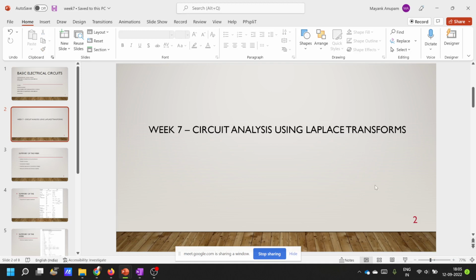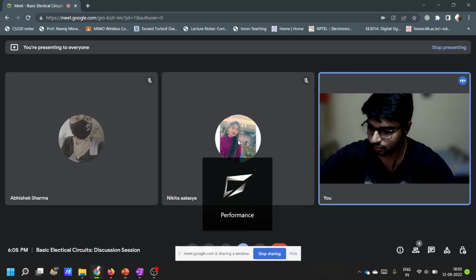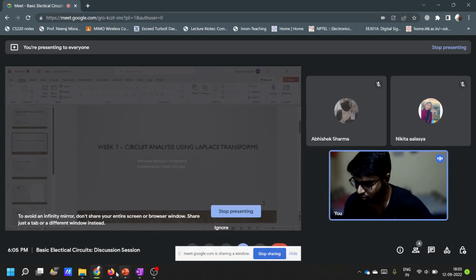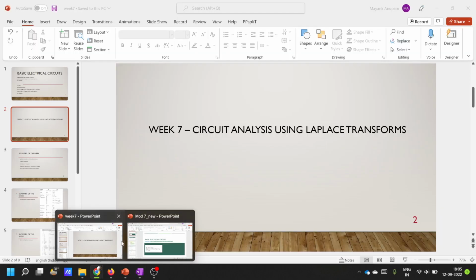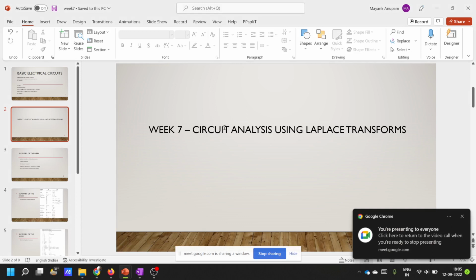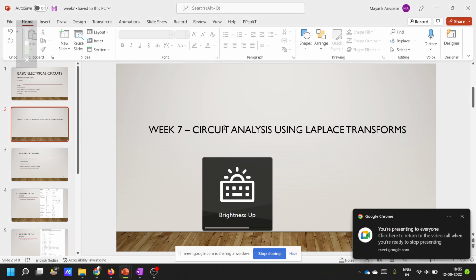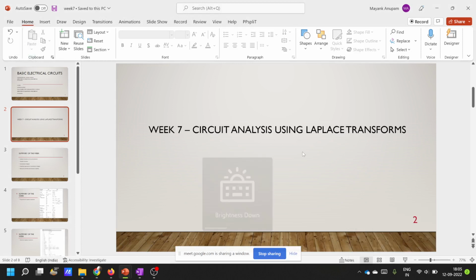Circuit problems can become immensely easy if you use Laplace transforms. It is very useful in circuit analysis. So this week I will be solving some sample problems based on application of Laplace transforms. I hope you will enjoy and learn something here.